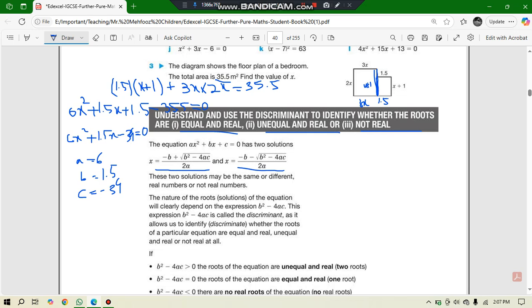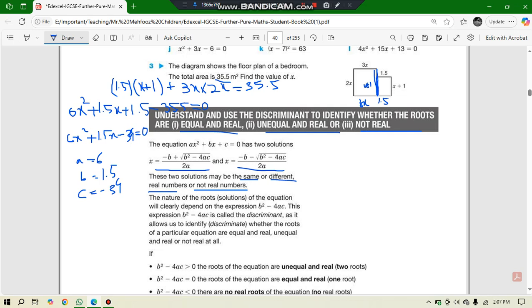These two solutions may be the same or different, real numbers or not real numbers. So we can predict the properties of these roots without solving the quadratic equation and without seeing the roots.